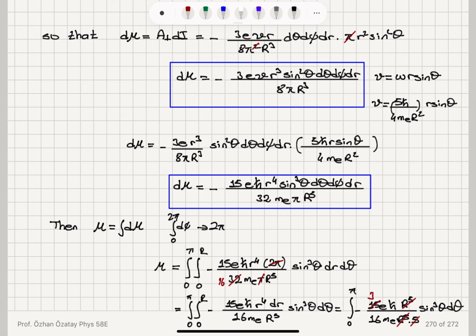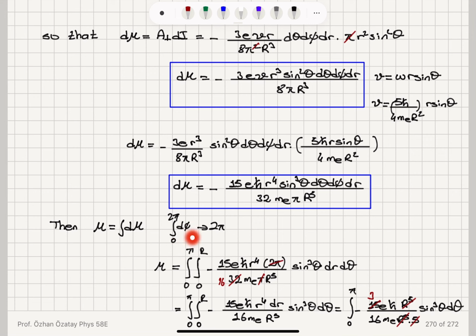Then we have the relationship between v and omega. v is equal to omega times the radius of this current loop, r sine theta. And omega we have obtained in the first video, 5 h bar over 4 m e R squared. So we substitute that result here. Once we obtain d mu, we integrate over the full volume of the sphere.